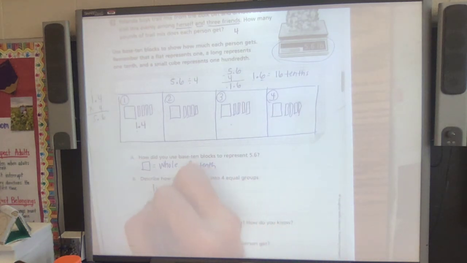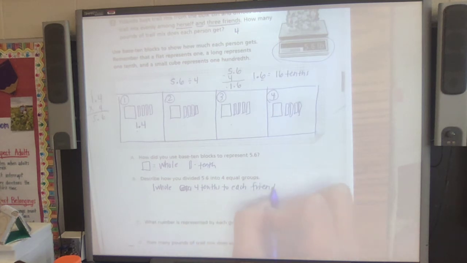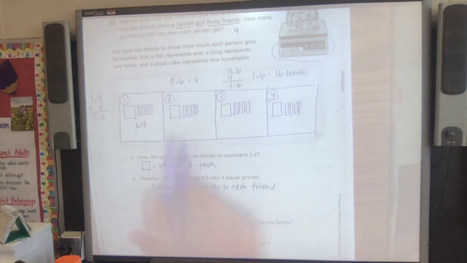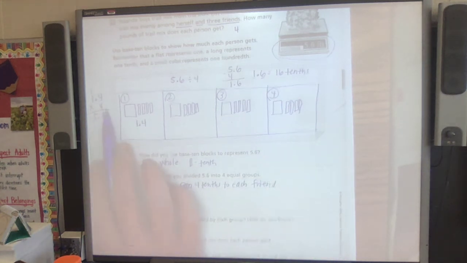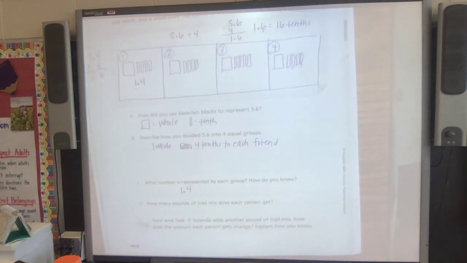We gave 1 whole and 4 tenths to each group, or each friend. Each group, what is represented by each group? 1 4 tenths. And we know that because we showed our work right here and we checked it by multiplying too. So everybody gets 1 4 tenths pounds of trail mix.